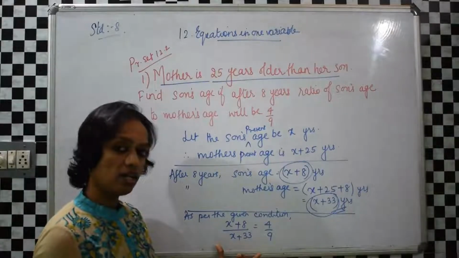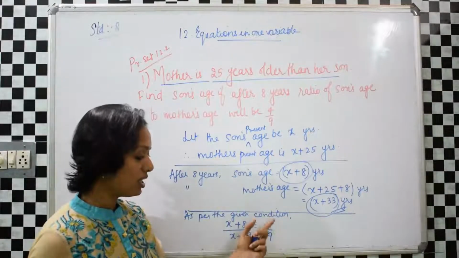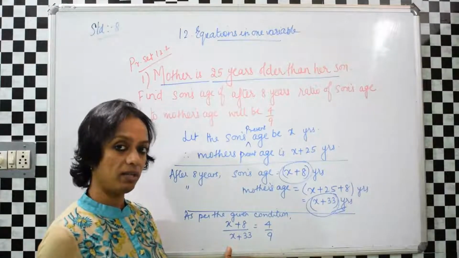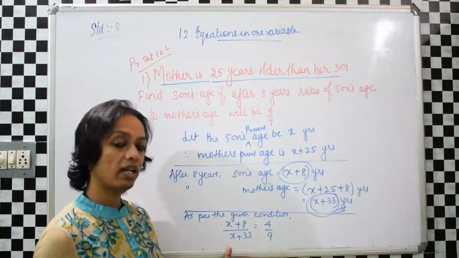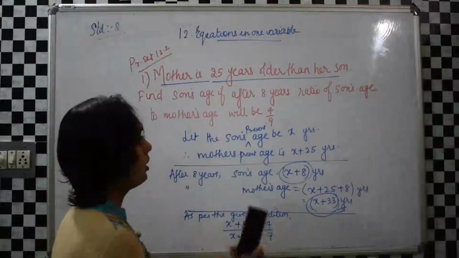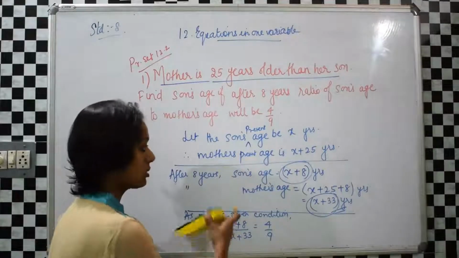So we got an algebraic expression here, an equation here. We have to cross multiply so that this gets converted into a linear equation in one variable, and then we can start solving it like the way we did it, practice set 12.1. Now I will rub this part so that I can work this out.